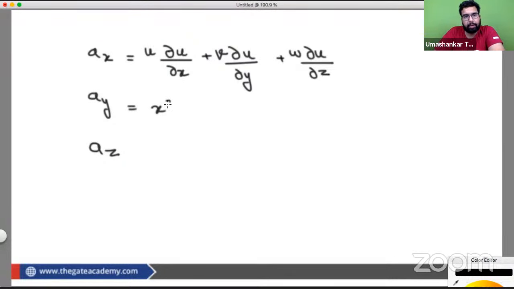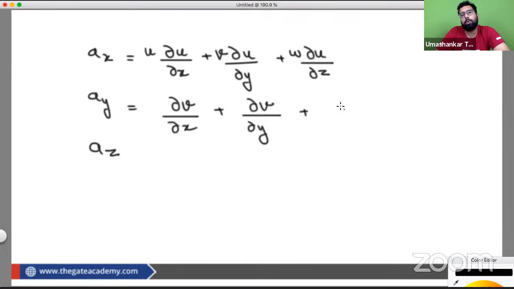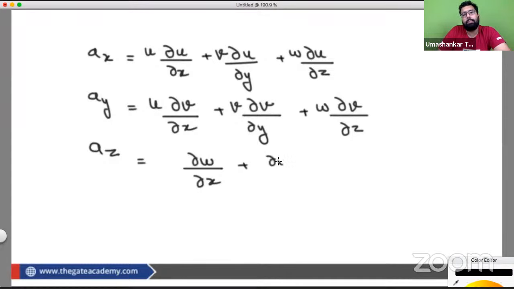So u is x square y here. Let me write the formulas first. For AY: u del v by del x plus v del v by del y plus w del v by del z. And for AZ: u del w by del x plus v del w by del y plus w del w by del z.